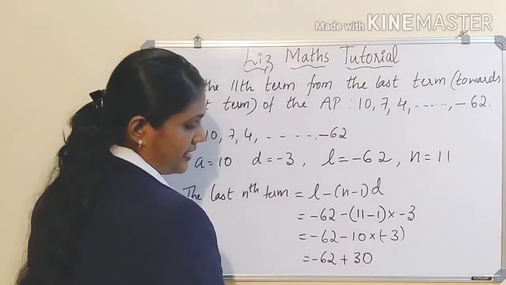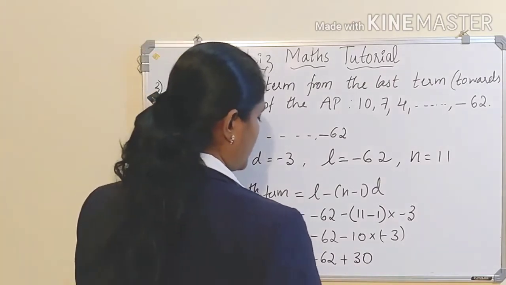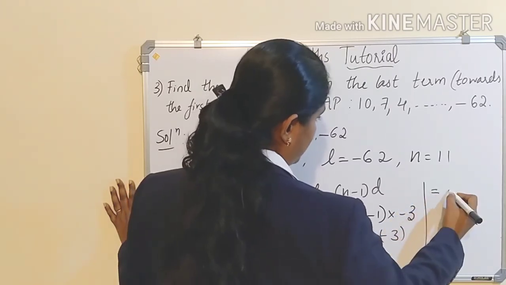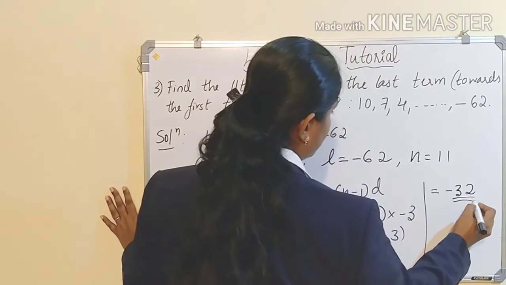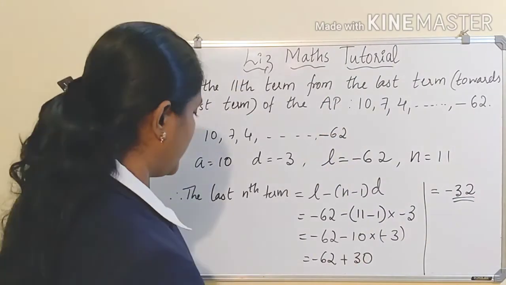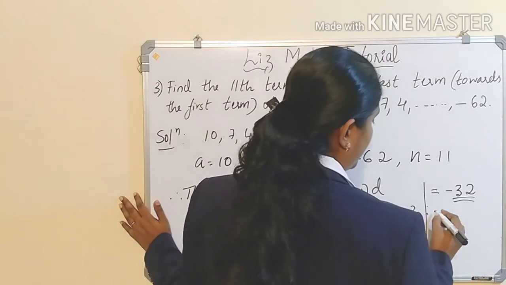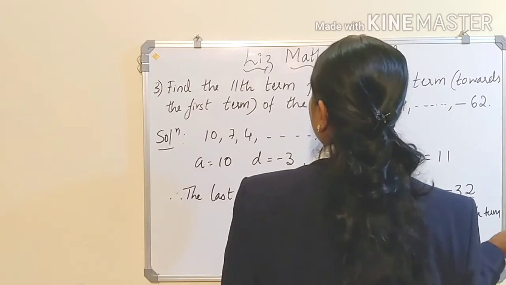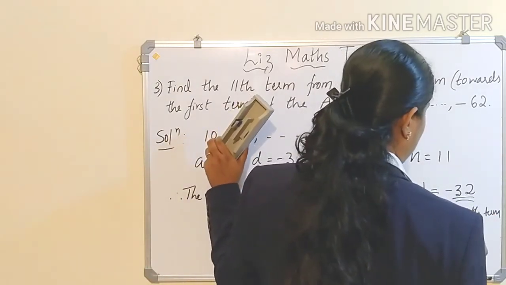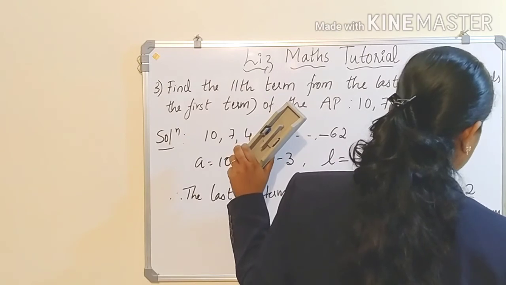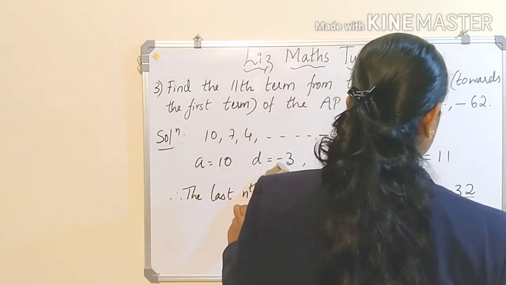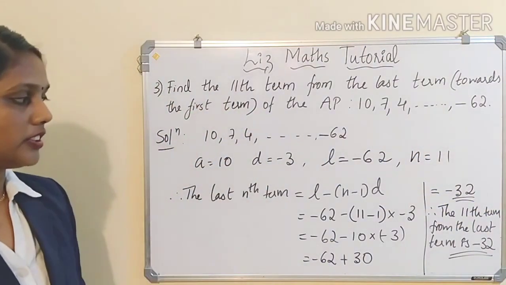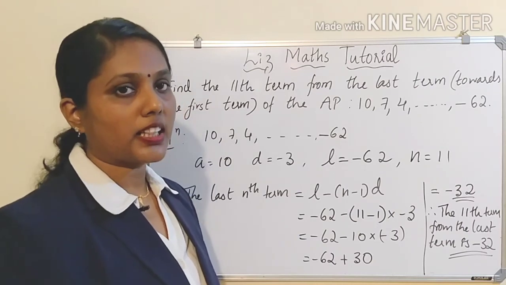Both are different signs, so you go for the subtraction. So what you will get here? Minus 32. So you can come to the conclusion that therefore the 11th term from the last term is minus 32.